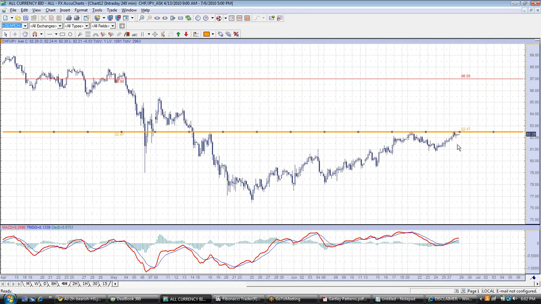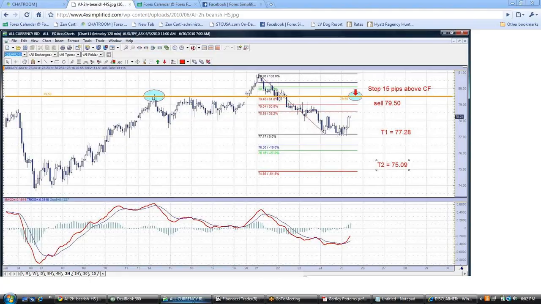This is nice place to sell. This head and shoulders is developing at that level. 79.50 is a sell. We want to use candlestick formation for that sell entry. Place the stop above the candlestick formation.